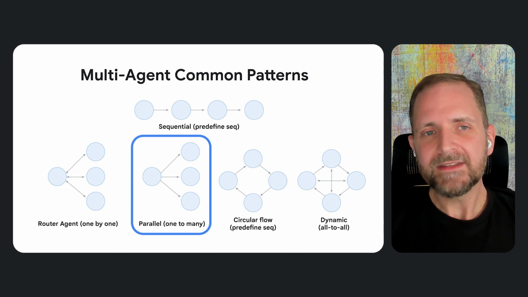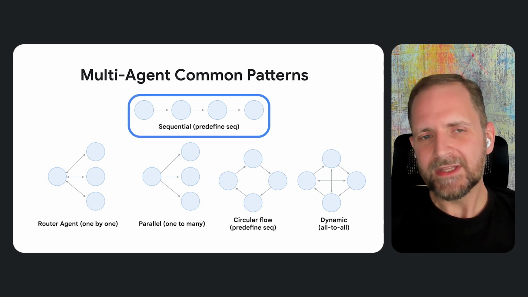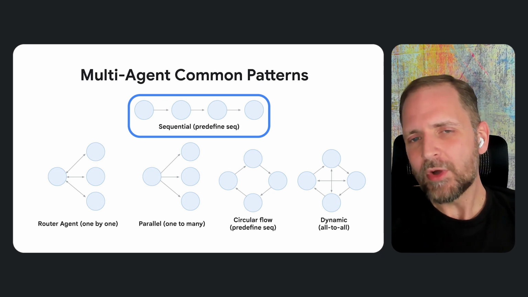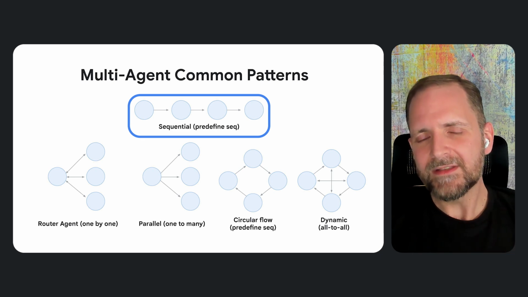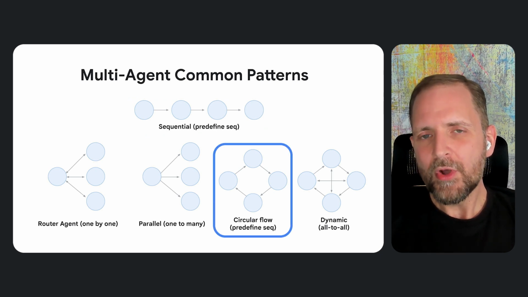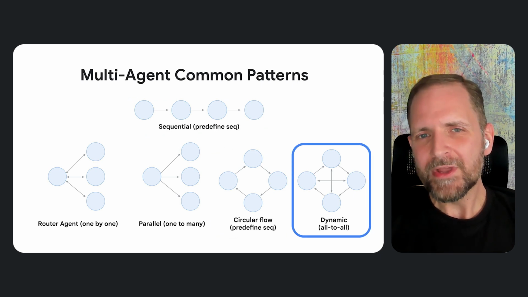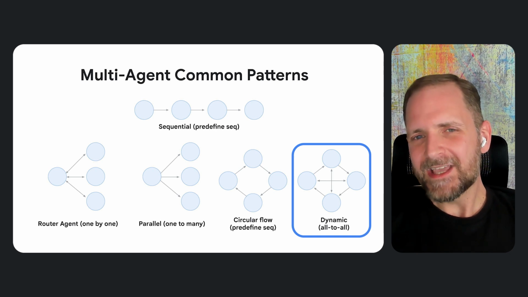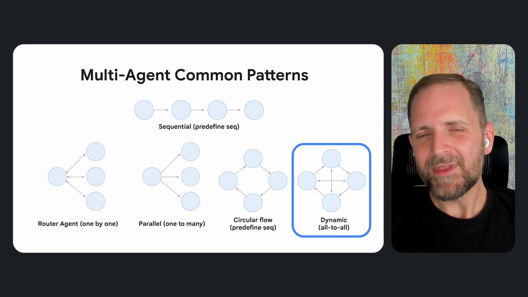We can have an agent that calls multiple agents in parallel. We might have a sequence of agents. For example, I implemented an auditing workflow, where I want to first talk with this agent, then with that agent, etc. We might have a circular flow, or we might have a more innovative, but sometimes scary, dynamic flow where every agent can interact with all the other agents in the system.